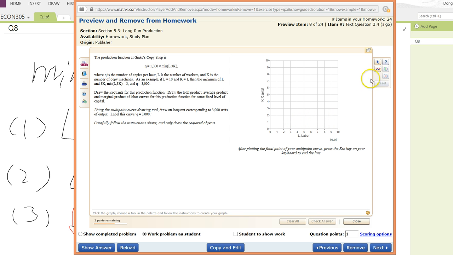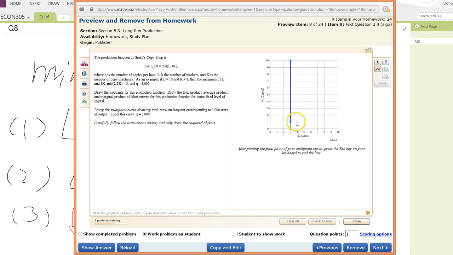So now we can draw this isoquant. As we said, the vertical part of this isoquant is like here. We fix L at 3, and then K can be either 1 or above 1. That makes the minimum of L and 3K the same.